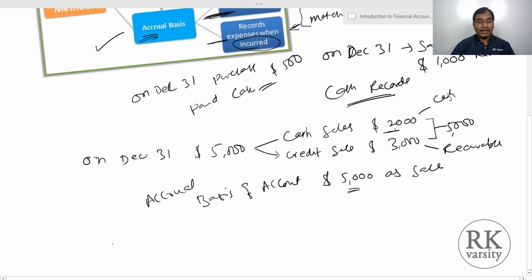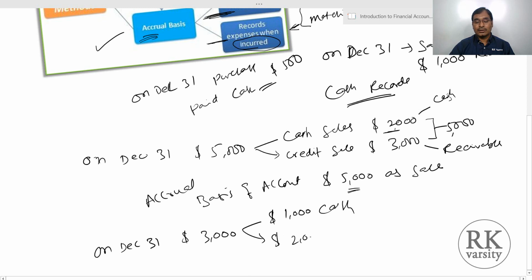Similarly, if you have expenses, let us say on December 31st, you purchased goods worth $3,000. In this, you paid $1,000 as cash and your credit purchases are $2,000. So our accrual basis of accounting recognizes the $3,000 as a purchase.